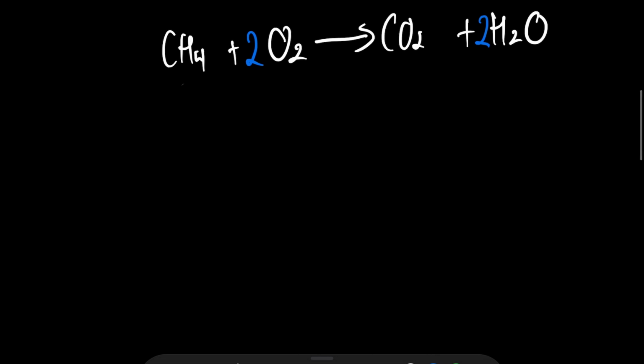Now looking at this equation initially, we don't know which one is the limiting and excess reactant, but from our previous knowledge, we know that complete combustion only happens in a rich oxygen environment. Now, what does this mean? This essentially means that oxygen is in excess and your organic compound that you're burning is the limiting reactant.